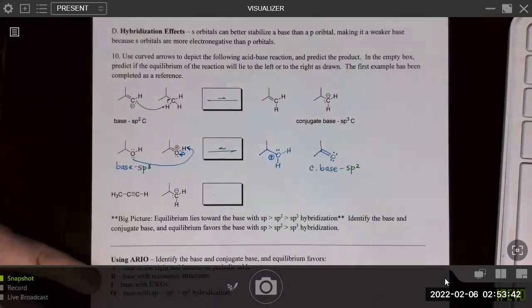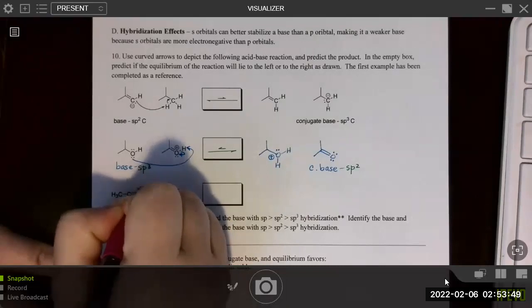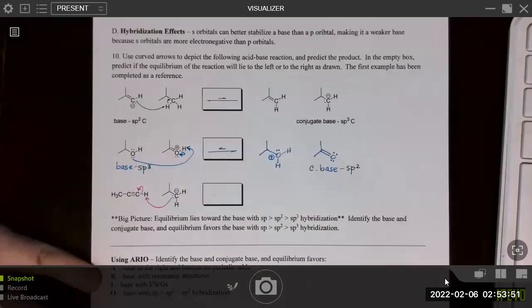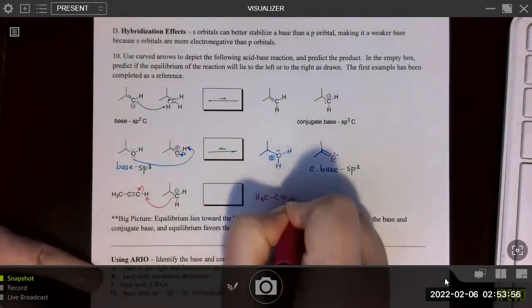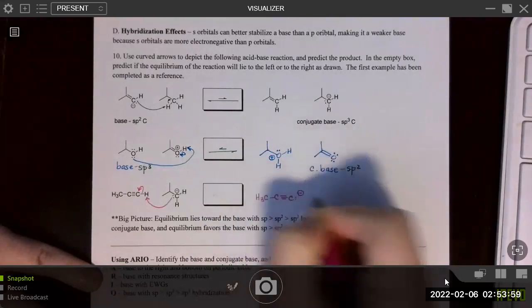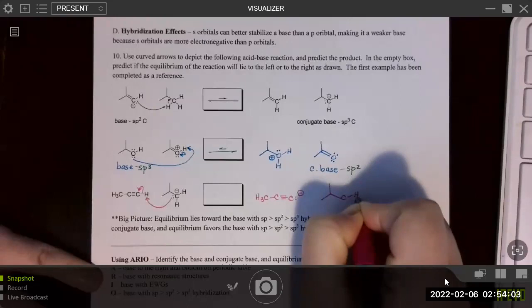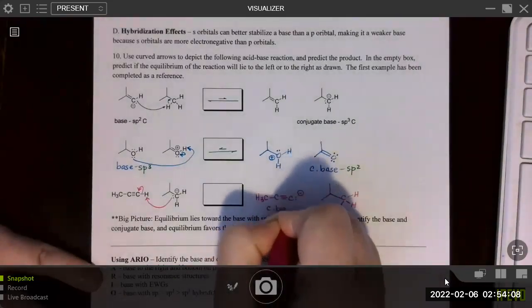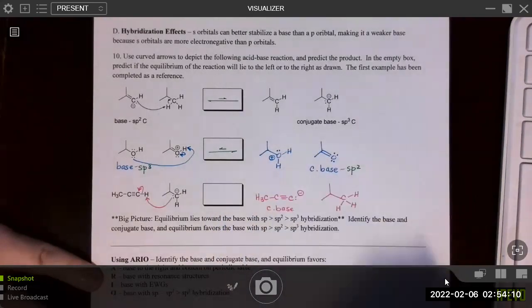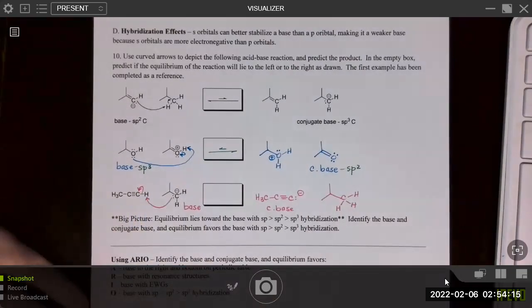All right, let's go ahead and work on the next one. So again, we have the base taking a proton from the acid. Go ahead and draw in what we formed. So we formed the conjugate base and the conjugate acid. We'll go ahead and label this one as the base. And then let's look at the difference.